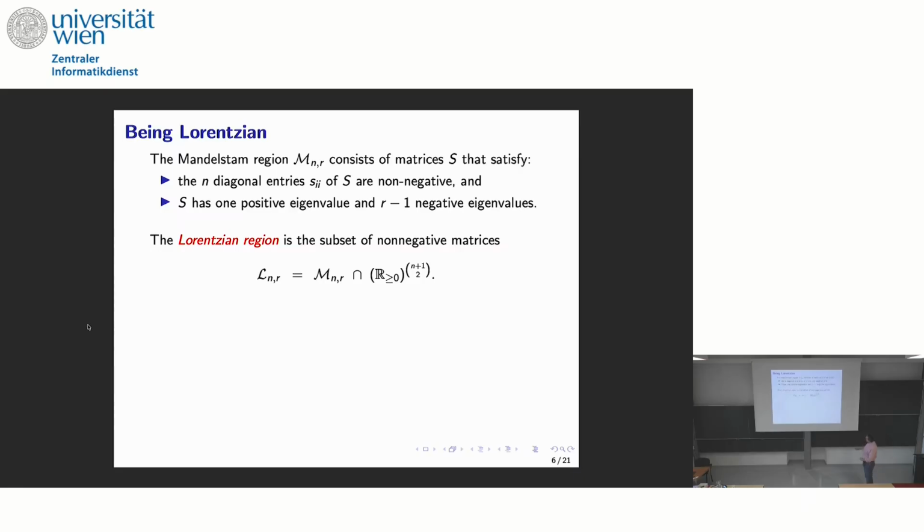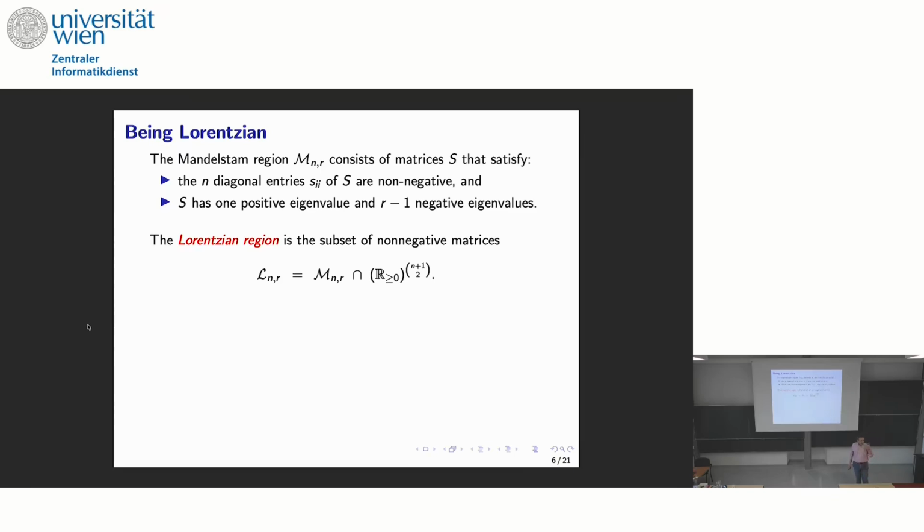Let's start out. So the Mandelstam region consists of matrices S. Well, this is sort of a description of what they are. So the diagonal entries are non-negative, and S has one positive eigenvalue and r minus 1 negative eigenvalues. And here we're seeing why I'm stratifying by rank.